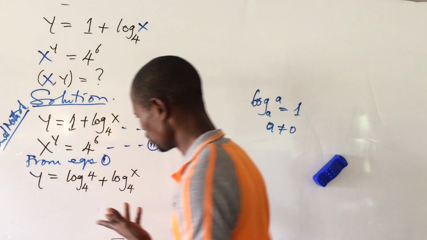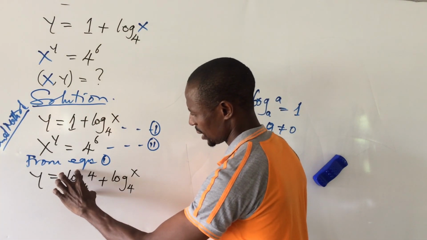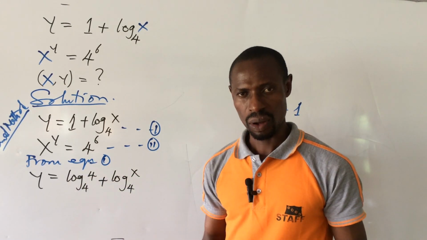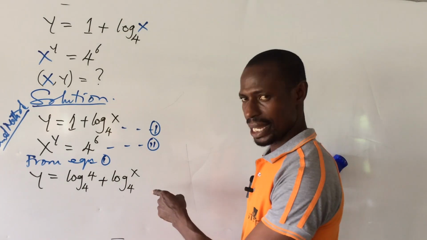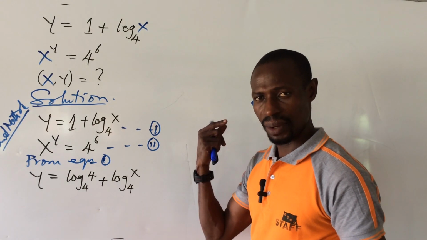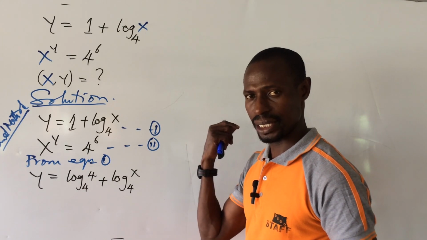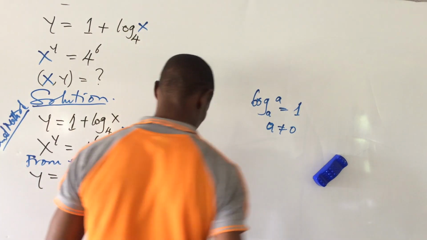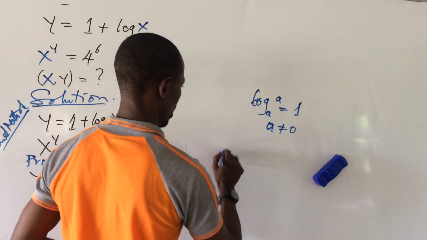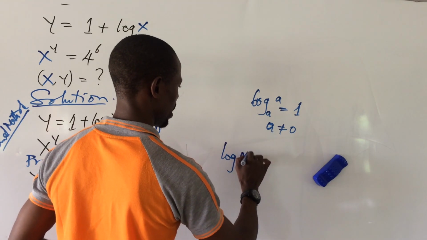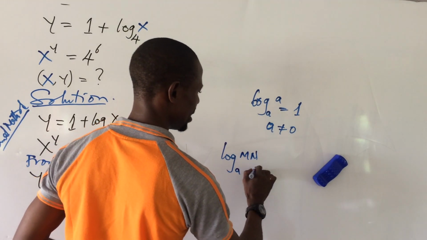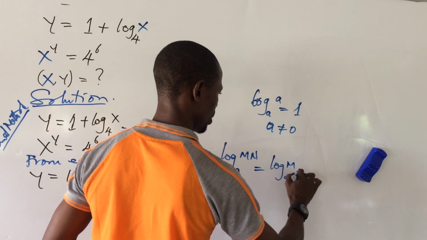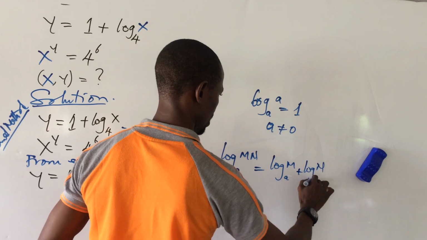From this point now, here is a plus sign. I can apply the multiplication law or product law of logarithm here. It's also among the laws in the video. So the multiplication law says that if you have log mn base a, it is the same thing as log m base a plus log n base a.